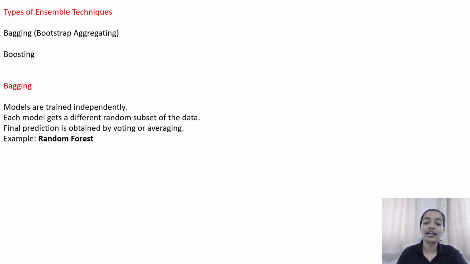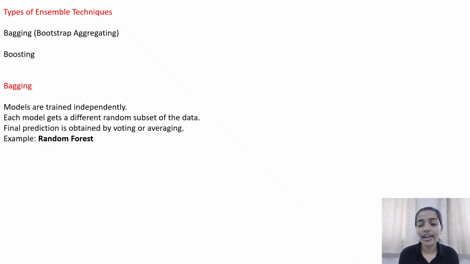They don't consider what other decision trees say, or whether my result is correct or wrong. They don't care about this, they simply work. I am doing my thing, other models will do their thing, and at the end we will simply average their results. This is how bagging works.